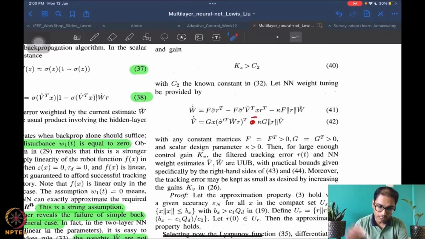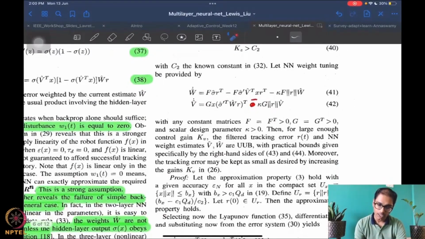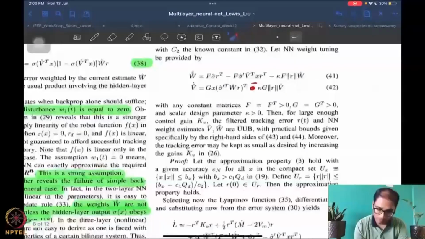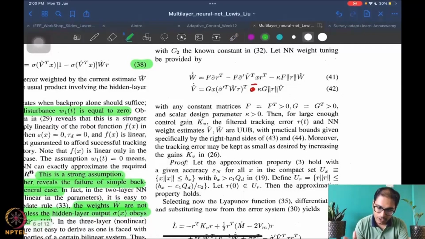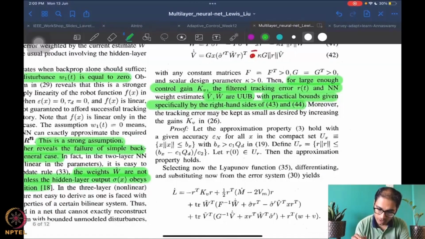So that's fine. The V hat dot is also changed, and the W hat dot also changes. So you have the ideal version, and then you have these new terms. Now what you can prove is that for large enough kV, the filter tracking error R and the weight errors become uniformly ultimately bounded, with practical bounds given specifically by equations 43 and 44.